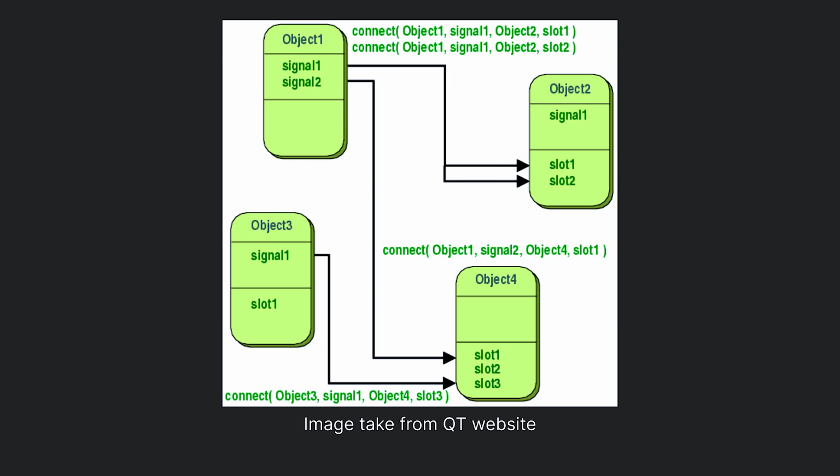So whenever you call this connect function, you have to provide the address of your parameters. Let's say the address of your class, address of your signal, address of your receiver object, and address of your slot, using the ampersand before your object name, similar to that.